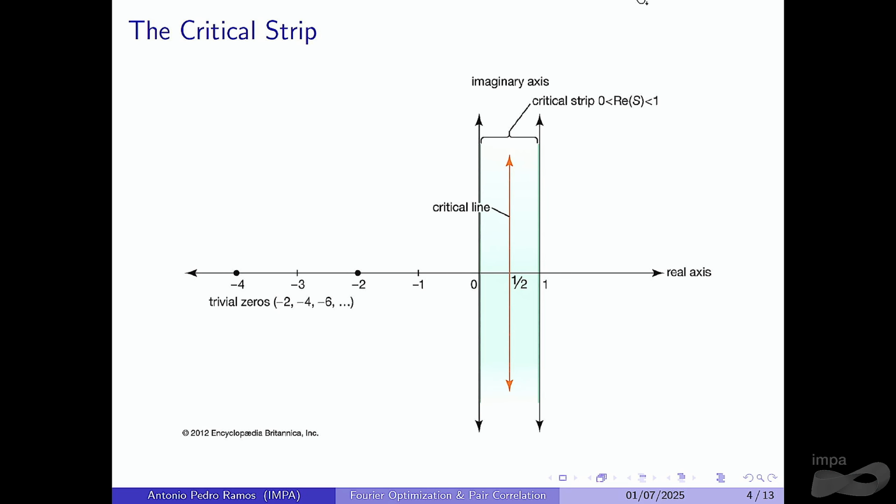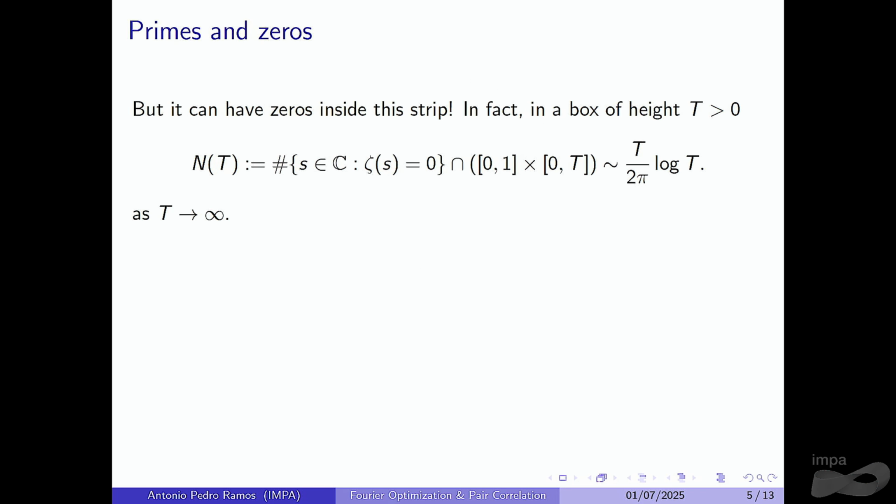And so there's this famous conjecture, the Riemann hypothesis, where all the other zeros of the Riemann zeta function would have to be aligned along the middle of the strip. And in fact, there have to be a lot of zeros in this strip. So one thing that you can do is apply the argument principle.